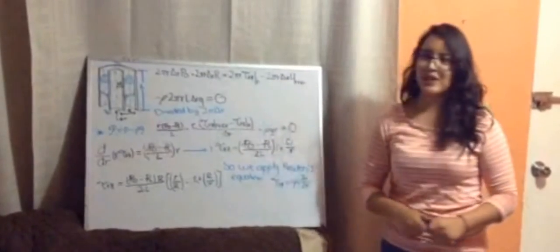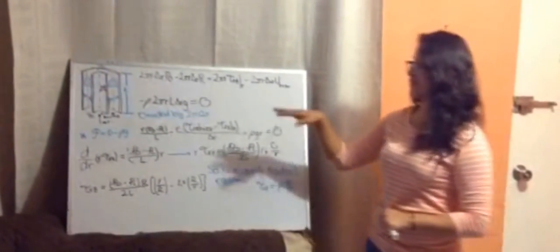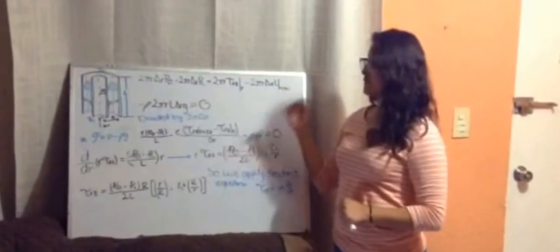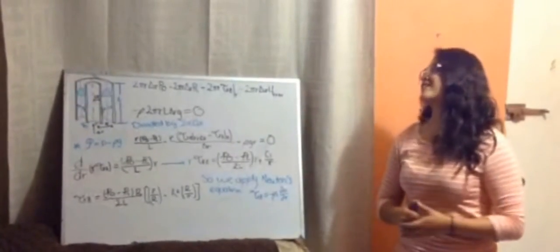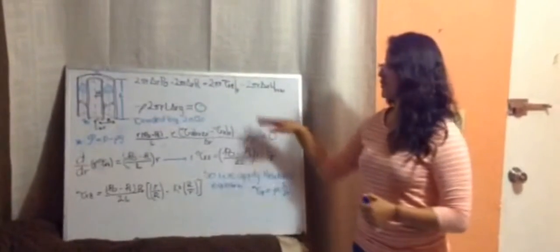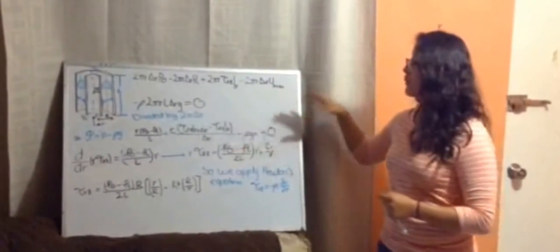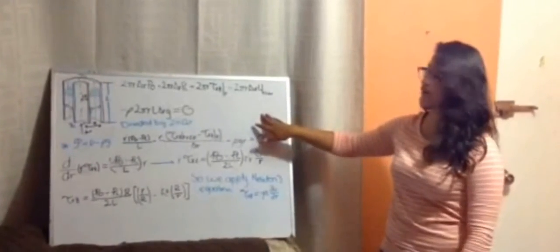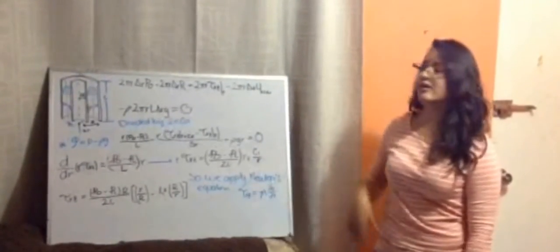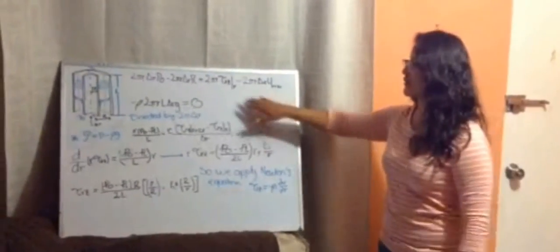It's 2π r Δr P0 minus 2π r Δr PL plus 2π r times the stress τrz at position r minus 2π r Δr τrz at r plus Δr. We also have to consider the height because the fluid is going up.